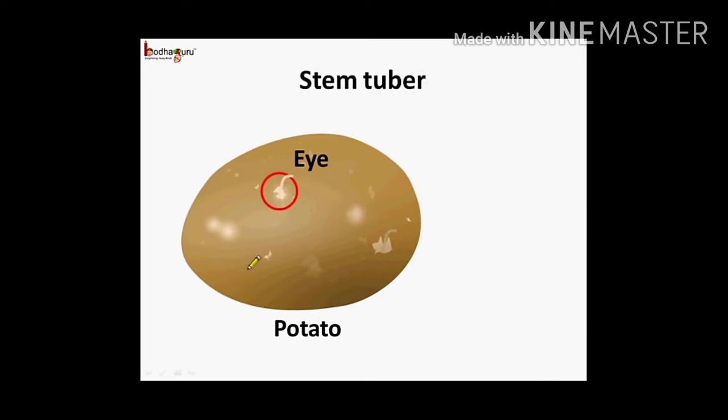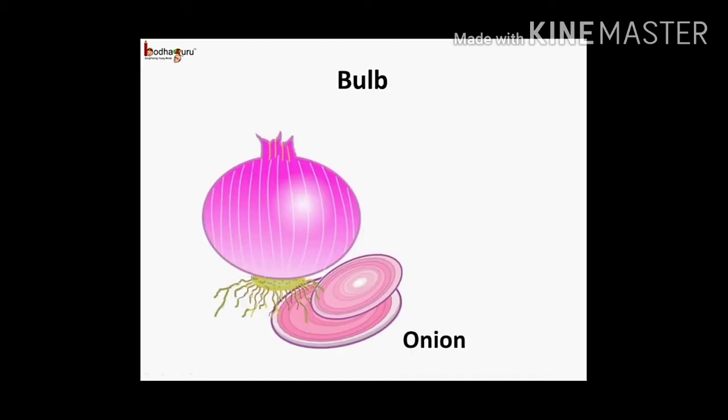This type of underground stem, which becomes swollen due to storage of food, is called a tuber. So potato is an example of a tuber, which is an underground stem and stores food. In the same way, what about onion? Onion is a bulb, and this is also a modified stem, to be specific, an underground modified stem.